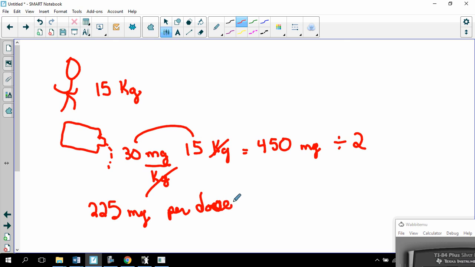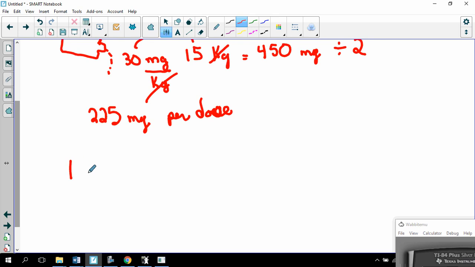There we go. Too bad most of the syringes or the things that you dump medicine out of are in cubic centimeters. So not that we care, but 1 centimeter cubed, I believe, is equivalent to a milliliter. I always look on the side of a bottle, so many milliliters.